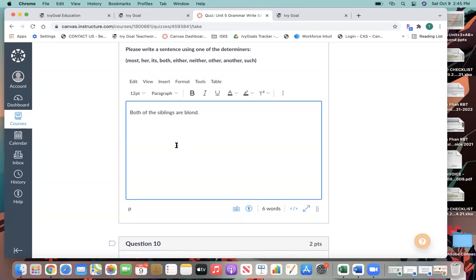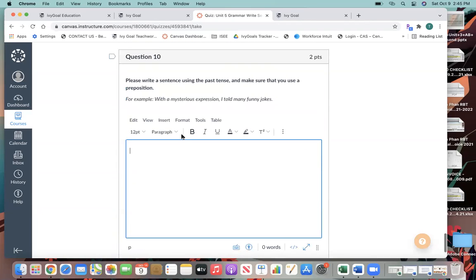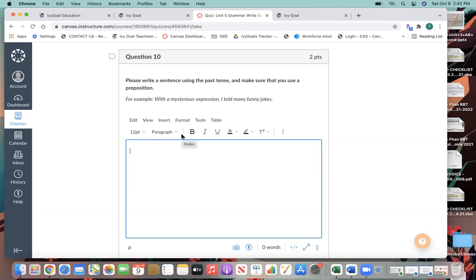Good. And then write a sentence using the past tense and make sure you use a preposition. What are prepositions for? To show where something is, right?